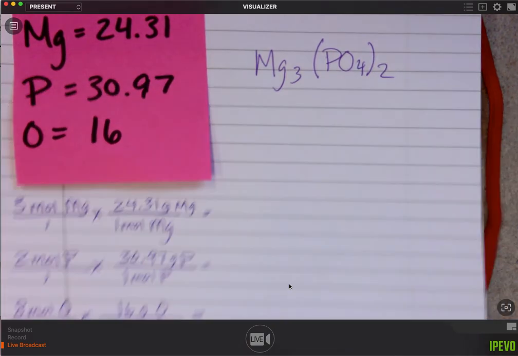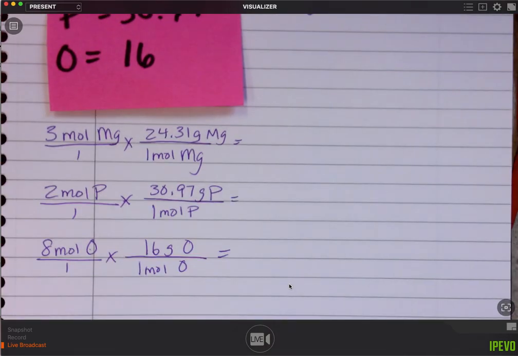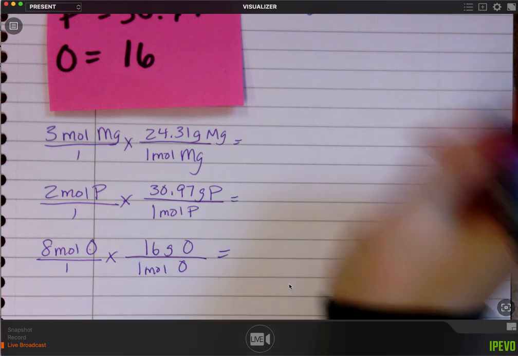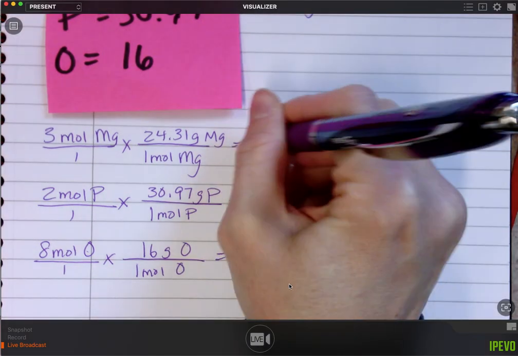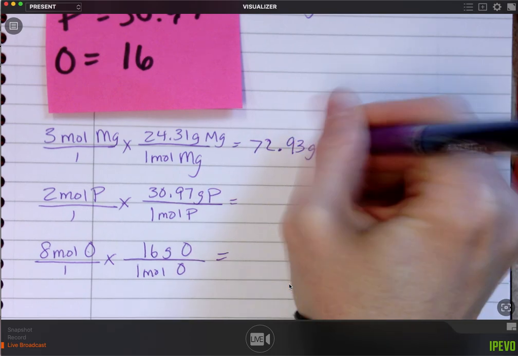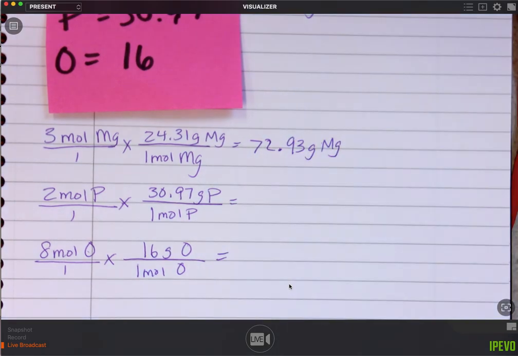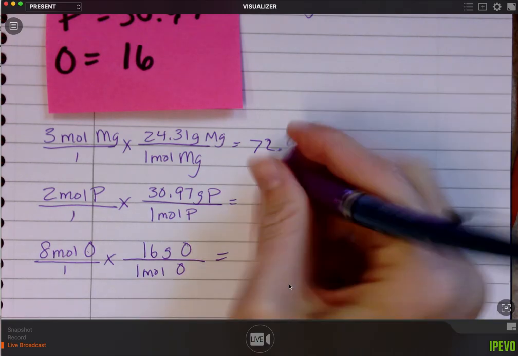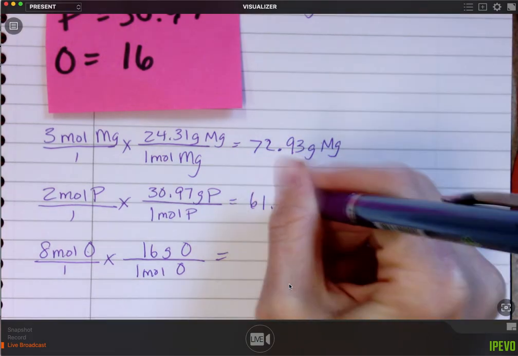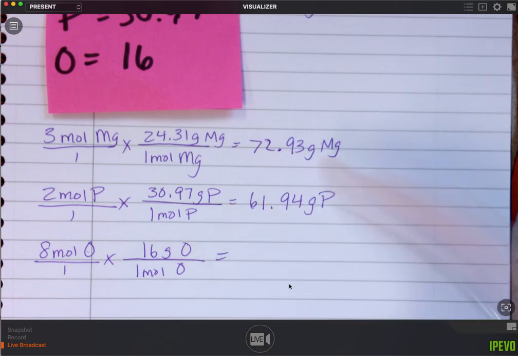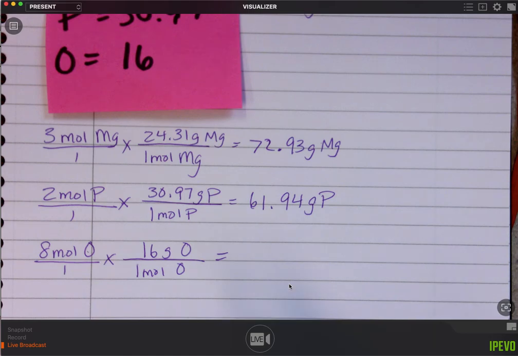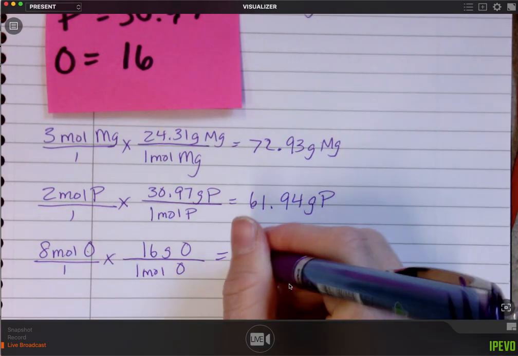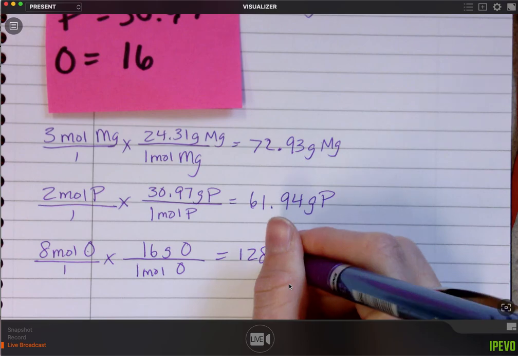And then I just want to solve this all out. So 3 times 24.31, I get 72.93 grams of magnesium. 2 times 30.97, I get 61.94 grams of phosphorus. 8 times 16, I get 128 grams of oxygen.